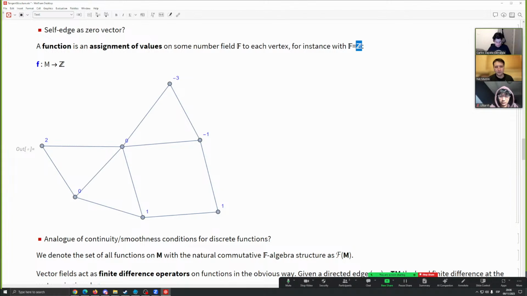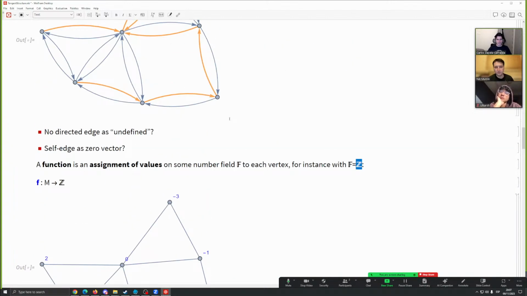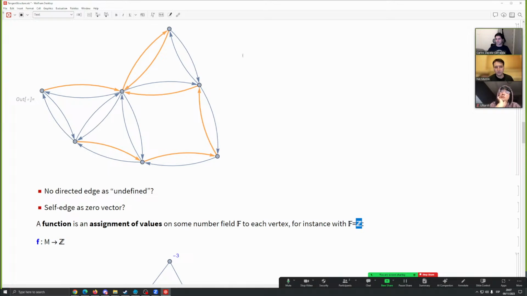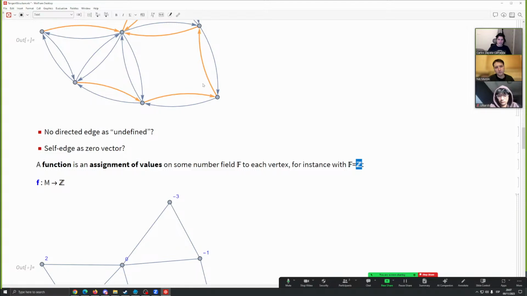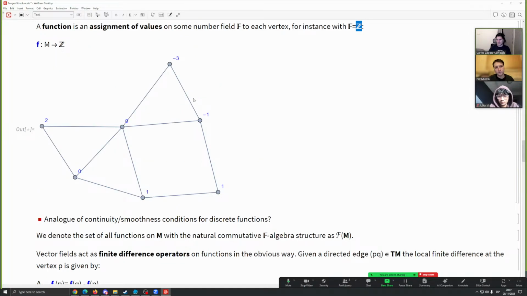But to me, the question is more, how would we have to modify the definition? For example, if we take this idea that a directed edge is a discrete vector field or a discrete vector of some kind, and now we are thinking that a function on this space is not just an assignment to vertices, but also an assignment to edges, right?